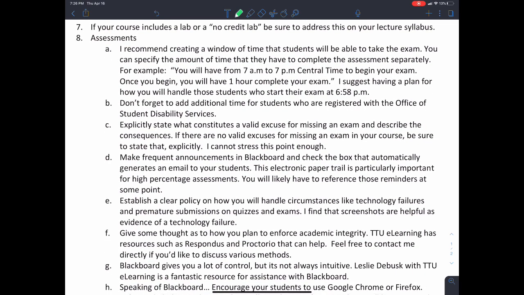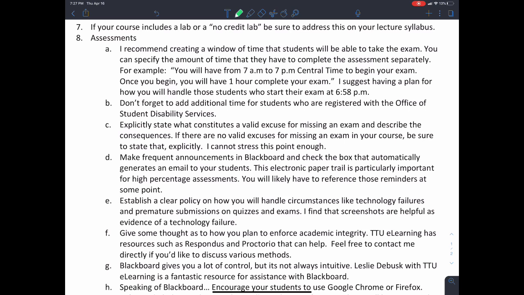Point 7 here is specifically about labs or no credit labs. Everyone's course is going to be different. I just recommend that you address it. I am often asked specifically as to whether my lecture course goes over the laboratory as well.